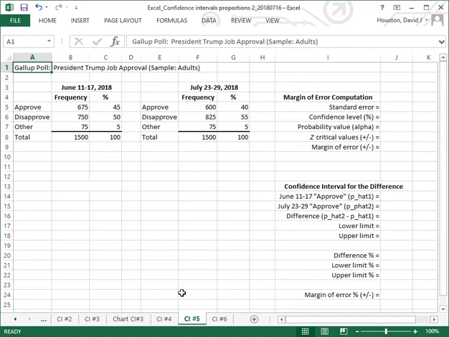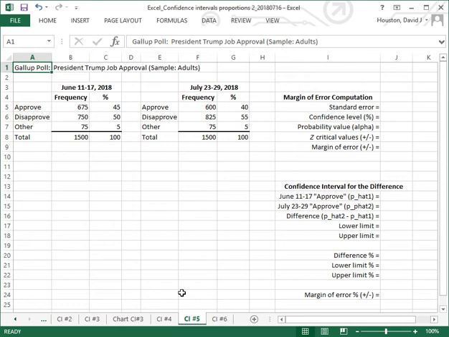What we're going to do here is ask whether or not that decline from 45% to 40% job approval is statistically significant, a statistically meaningful drop, or is it one that's just a function of random sampling variability. We're going to have to use a different formula this time for computing the standard error.